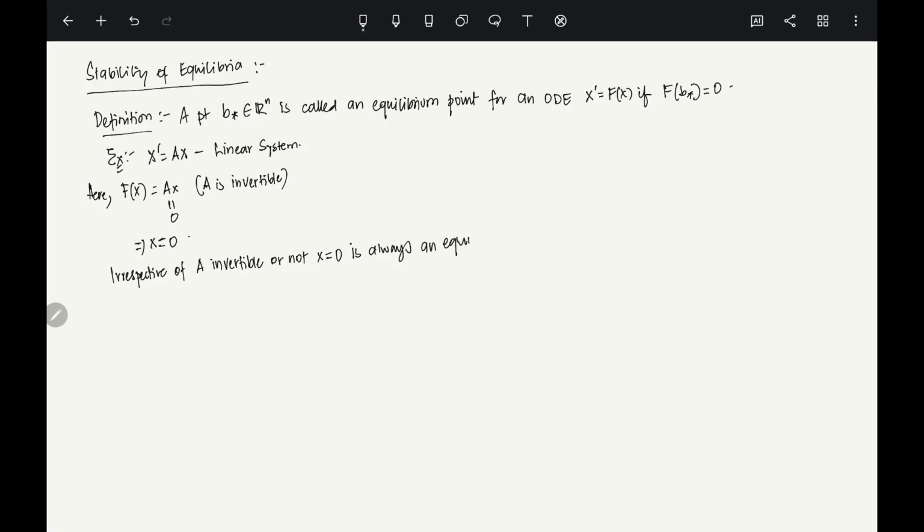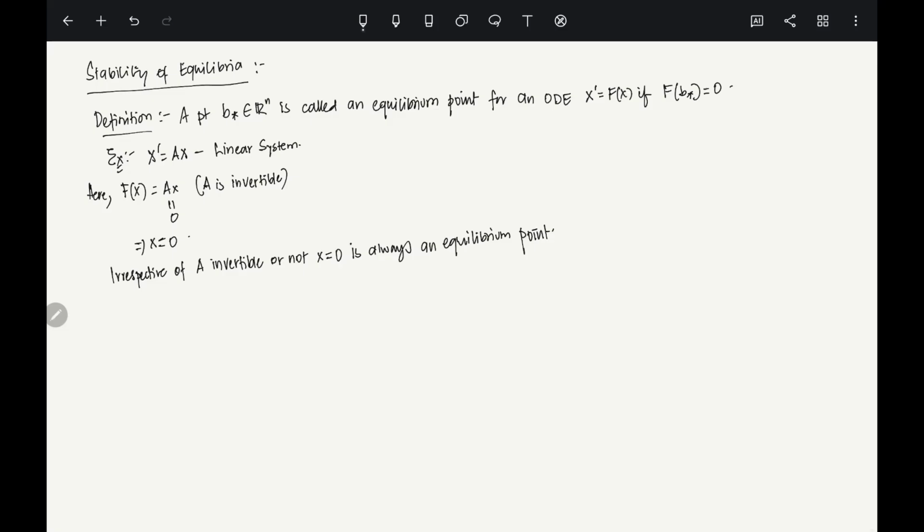I hope this is clear. If a is invertible, then this system has a unique equilibrium point. If a is not invertible, 0 is still an equilibrium point, but along with that, there are other points also.